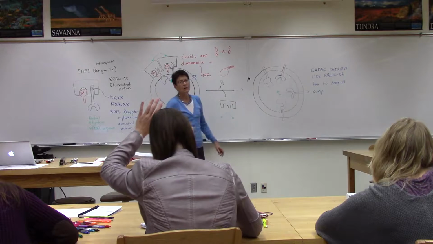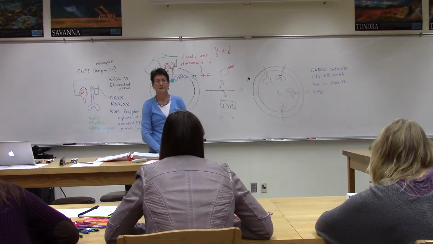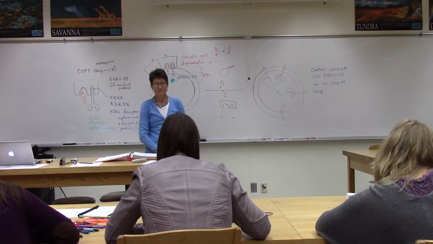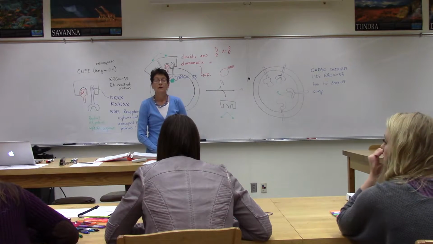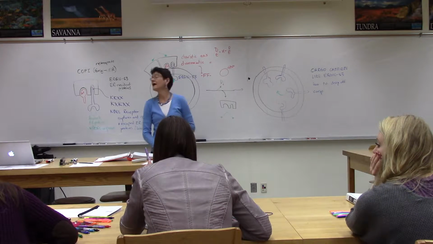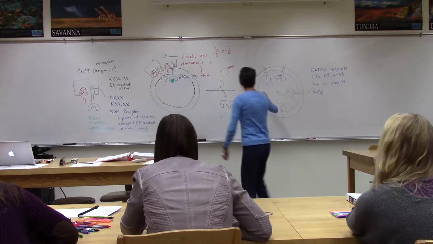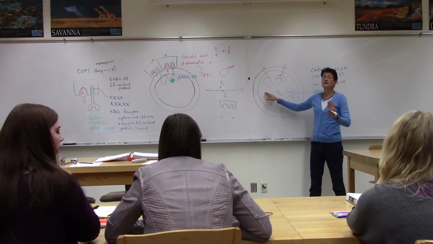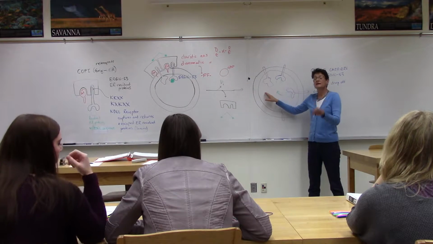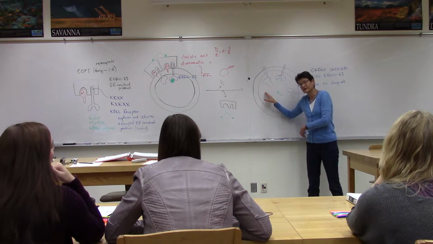So then why does ERGIC 53 get out of the vesicle? It doesn't get out of the vesicle. I thought it was recycled back with the coat. Yeah, well, it will; this is going to fuse to an ERGIC, and then another vesicle forms on the ERGIC.